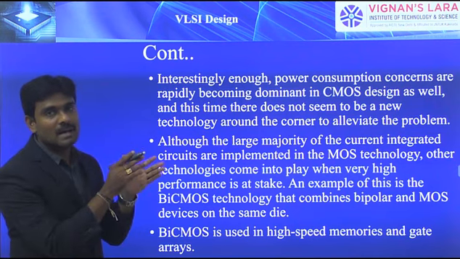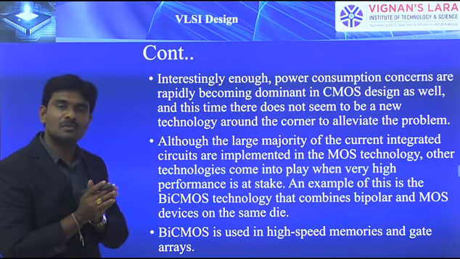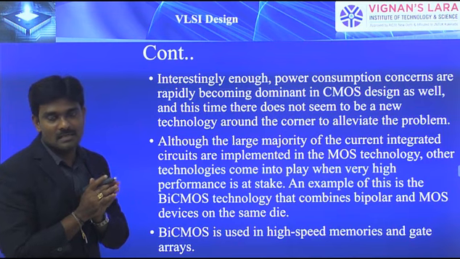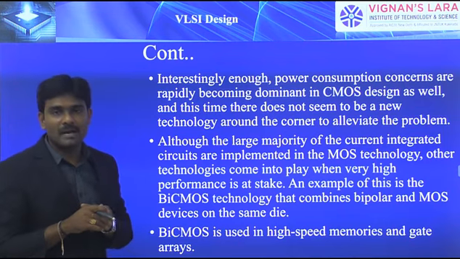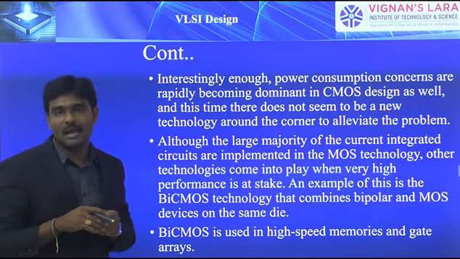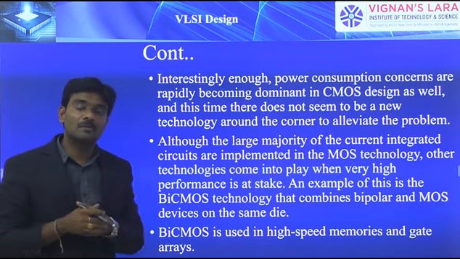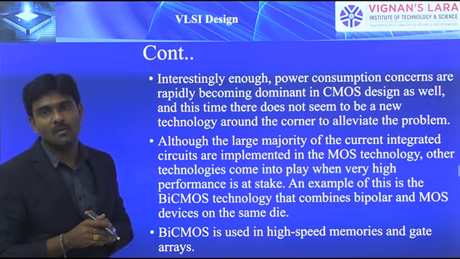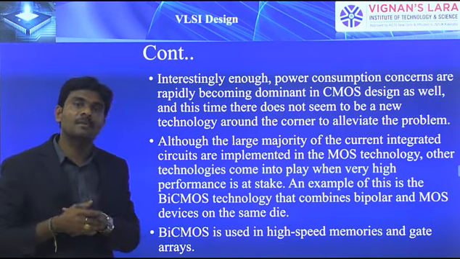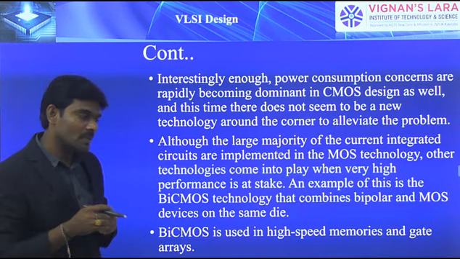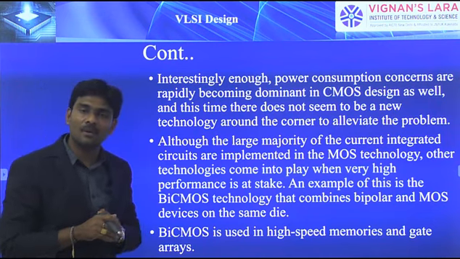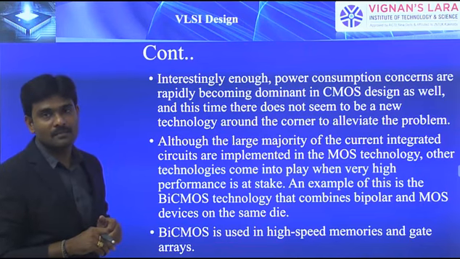At the input side, and to realize the logic, we go for the CMOS technology. At the output side, because BJTs can drive large currents at the output, the fan out is going to increase. So at the output side we prefer the bipolars.